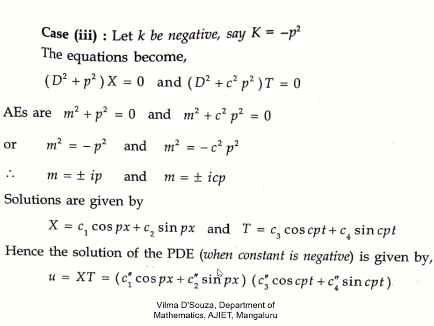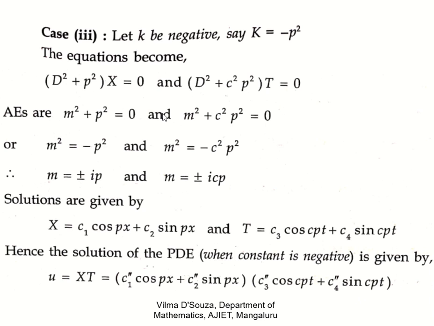So what is your solution of the PDE in this case? u is equal to x into t, that is multiply these two: C1 double dash cos px plus C2 double dash sin px into C3 double dash cos cpt plus C4 double dash sin cpt.